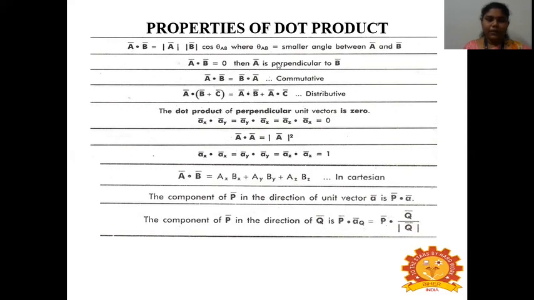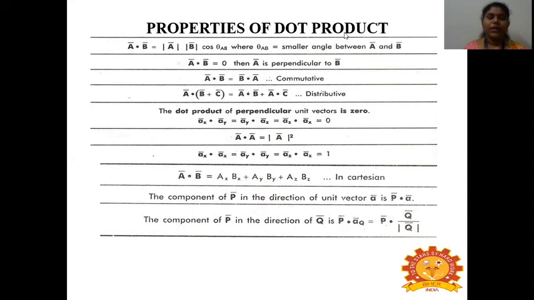If A vector is perpendicular to B vector, then its product will be equal to 0. So if the x-axis and y-axis are perpendicular to each other, the y-axis and z-axis are perpendicular, and the z-axis and x-axis are perpendicular, then if we multiply these two vectors, the resultant will be equal to 0.